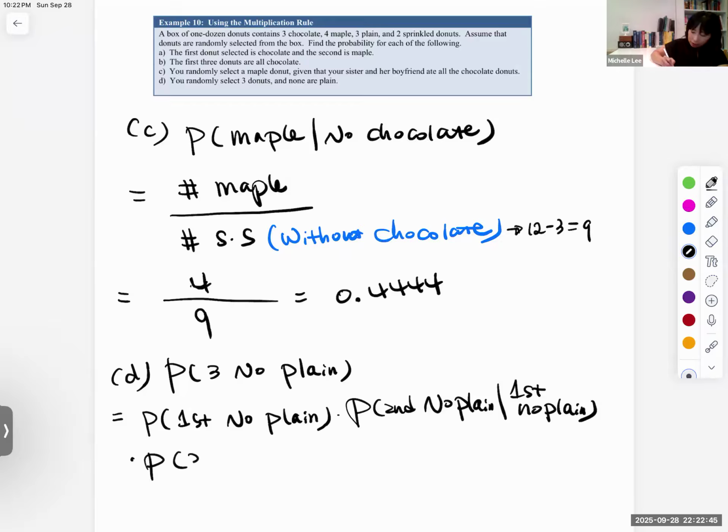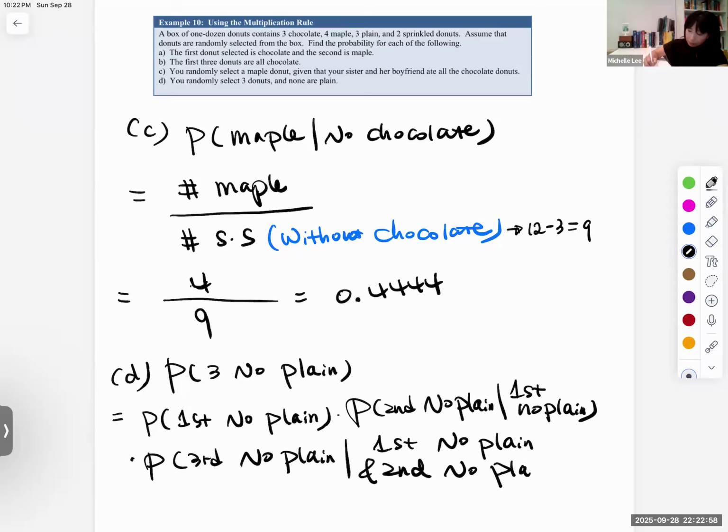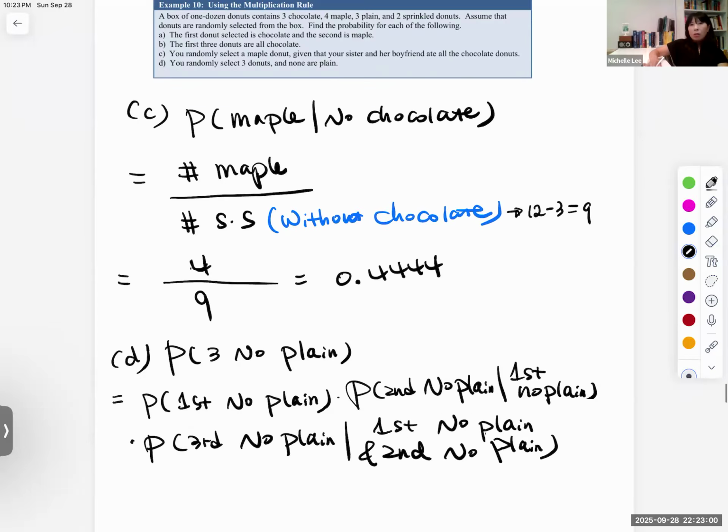And third no plain given that the first no plain and the second no plain, right?